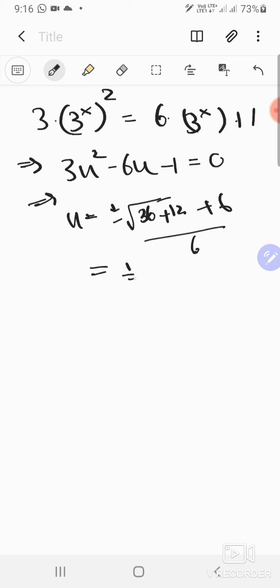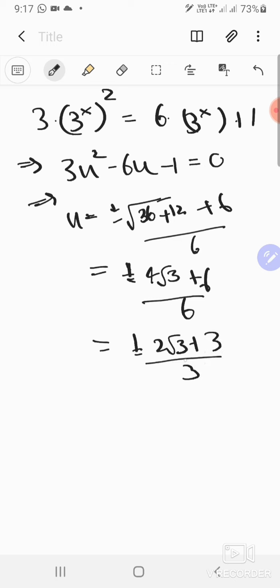This is going to be plus minus, you got 48 over there. 48 is 16 times 3, so it's going to be plus minus 4 square root 3 plus 6 upon 6, which is going to be plus minus, you can cancel off a 2 from them, so 2 square root 3 plus 3 upon 3. Okay, that's nice. So this is more like 1 plus minus 2 by 3 square root of 3.